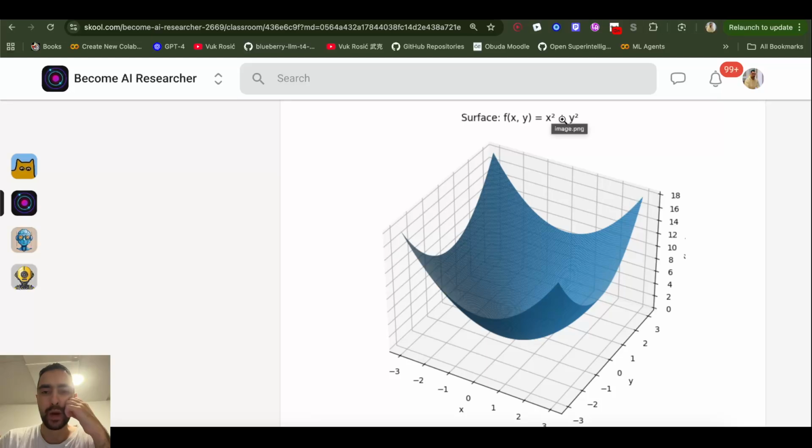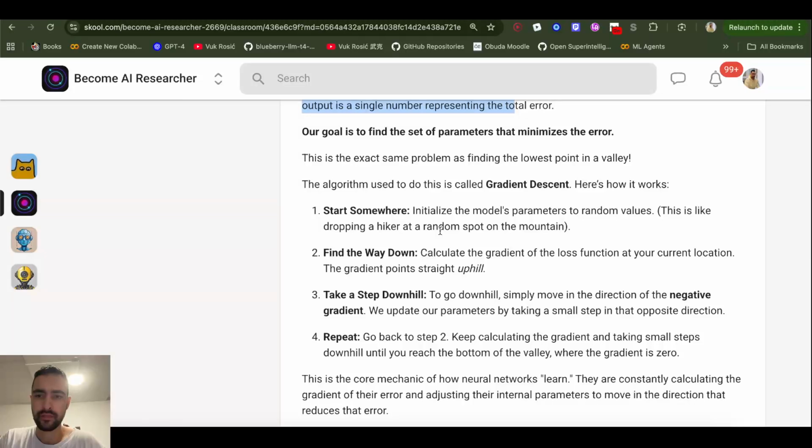And these x, y are our parameters in the neural network, like weights and biases. So those are things that change, that learn. So we want to change those parameters so we get down to the lowest point, which we make it so it's 0. Actually, let's explain it with an example.